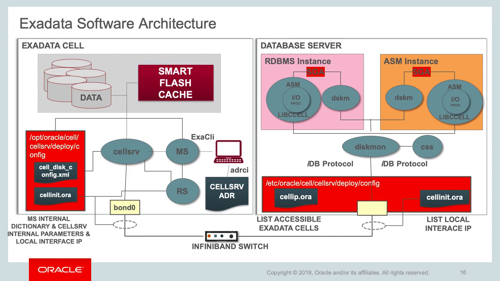There are three main Exadata storage cell processes which are provided by Exadata Storage Service. The first one is CELLSRV, known as cell services. CELLSRV is the primary component of Exadata software running in the cell, and it provides the majority of Exadata storage services.